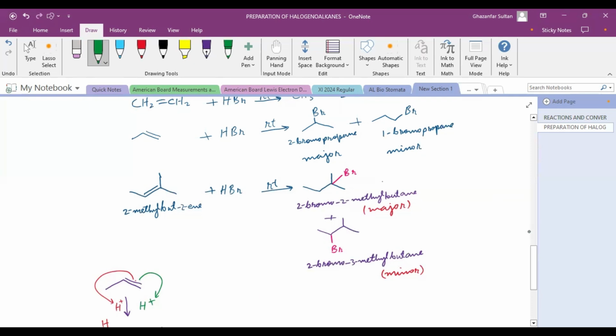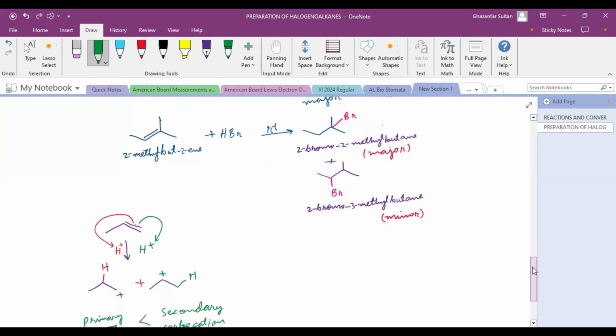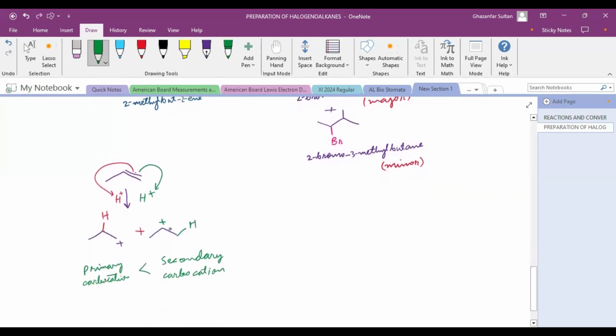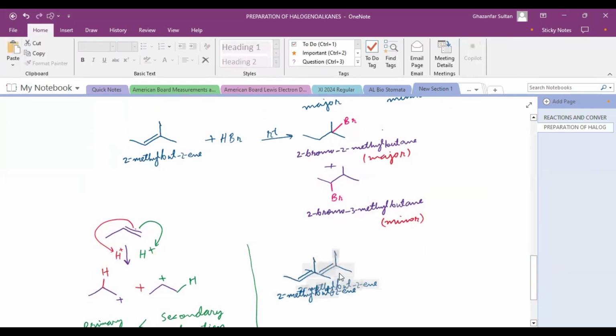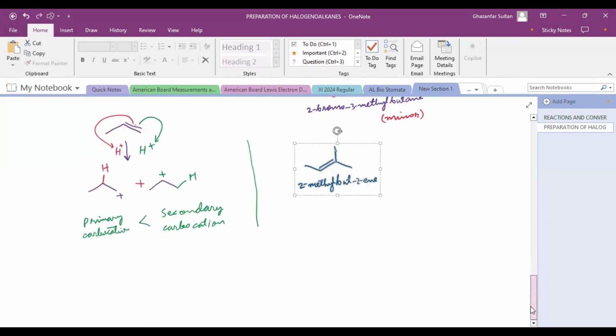So bromine comes on the second carbon because after that bromine attacks on the carbocation. On the other hand, you have 2-methyl butene. Again, there are two chances.